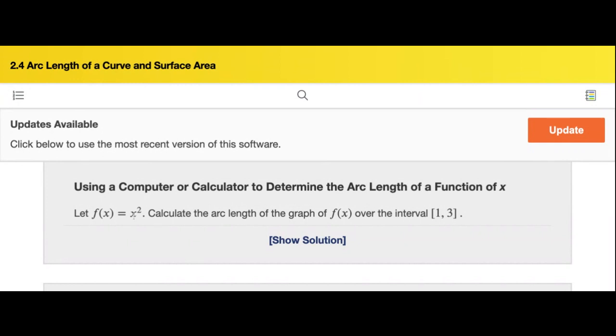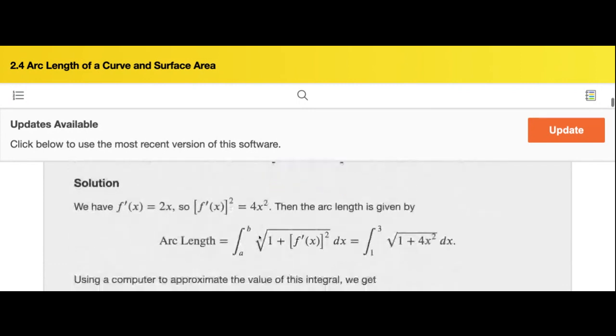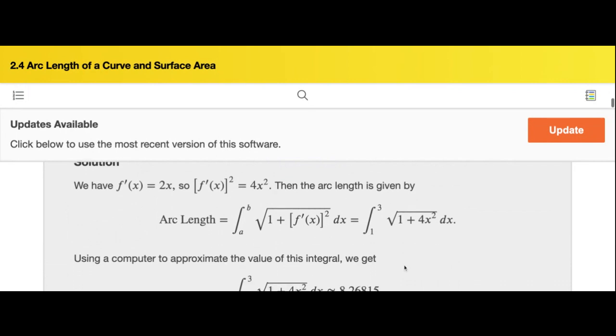We have x squared now, so we may use trig functions because we have the square root of 1 plus 4x squared. So when we square the derivative 2x, we get 4x squared. So now the integrand is the square root of 1 plus 4x squared. The interval is 1 to 3.